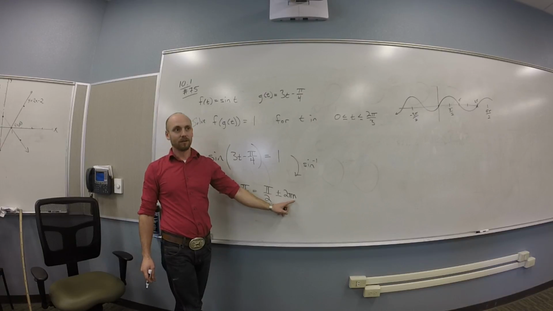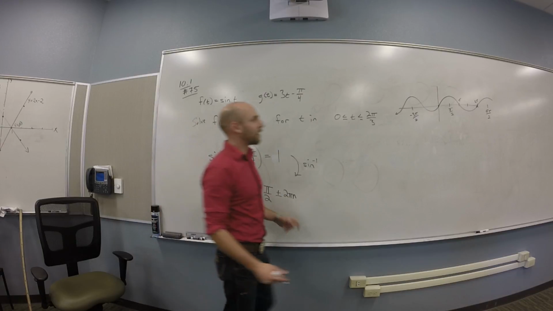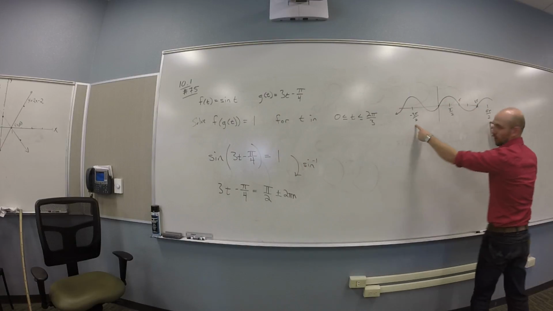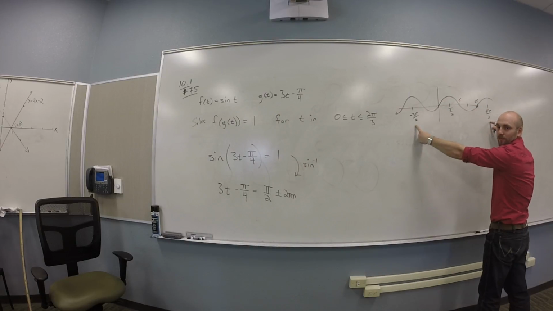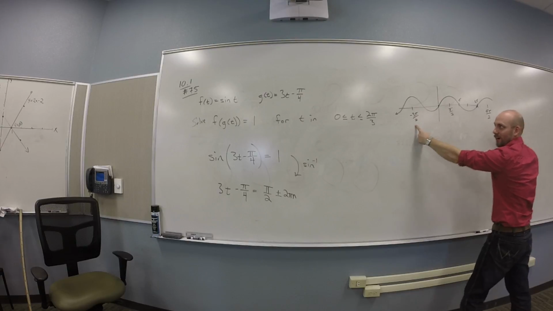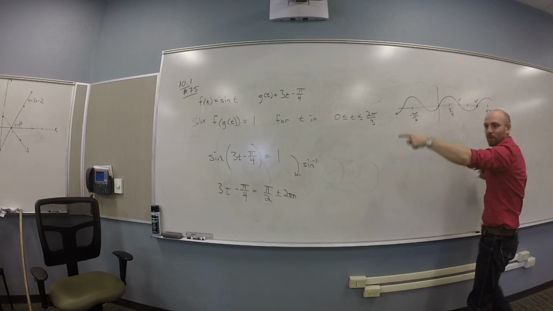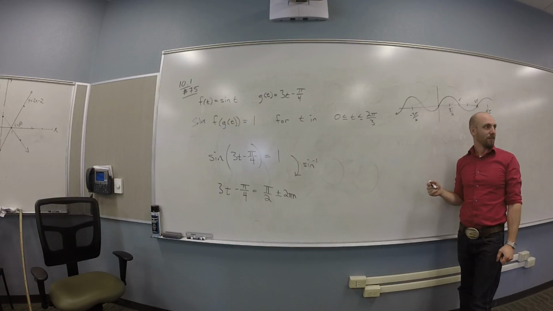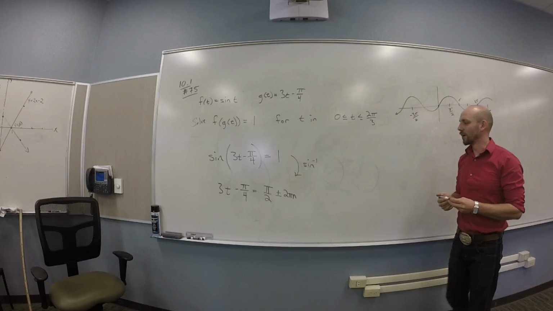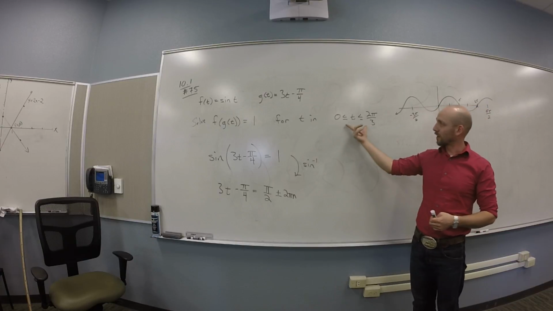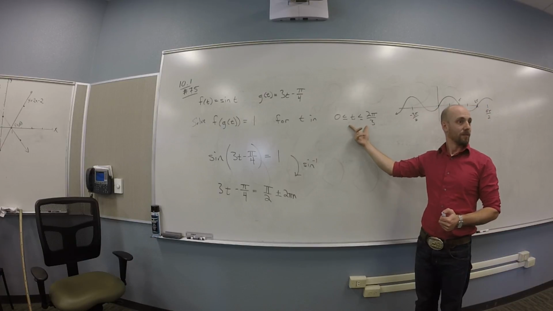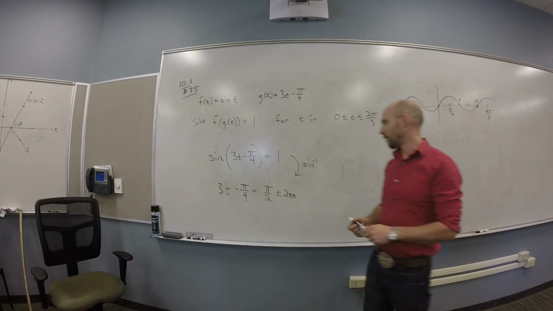Plus or minus 2 pi would get me this one and this one, but there's also another one out here, and another one back here, and another one past that on both sides. We'll be able to cut some of those out because of this interval, but let's leave it in there for now.